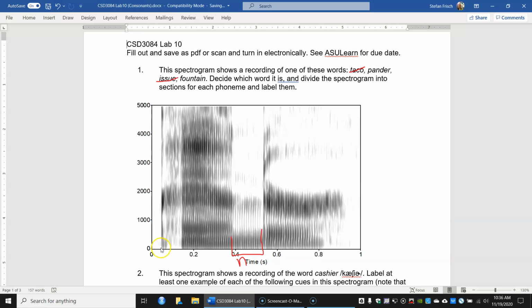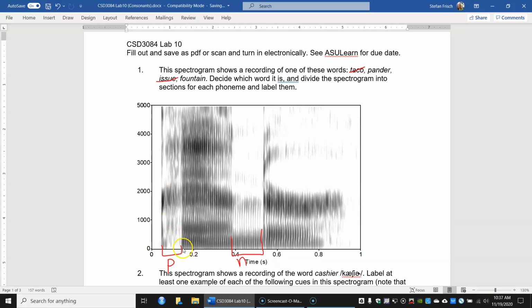So we do have what looks like a transient here with a period of noise after it with no evidence of voicing, indicating a long voice onset time. So this looks quite a bit like a P and does not look nearly as much like an F as it should, given that kind of abrupt transient-like onset at the beginning.